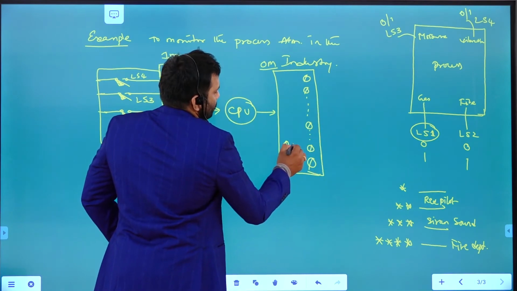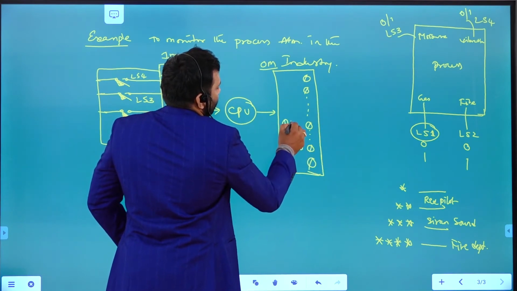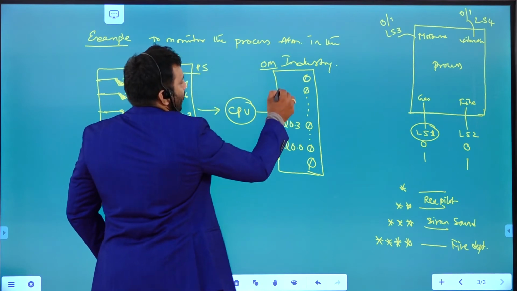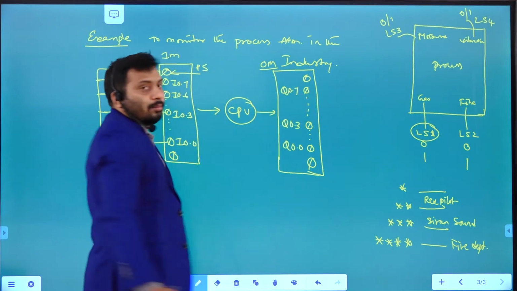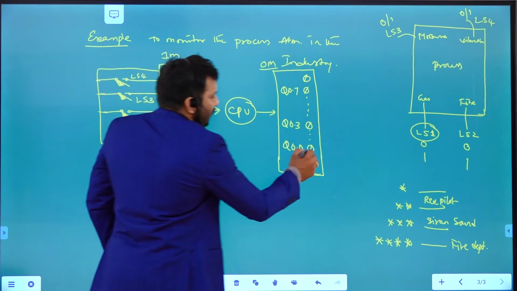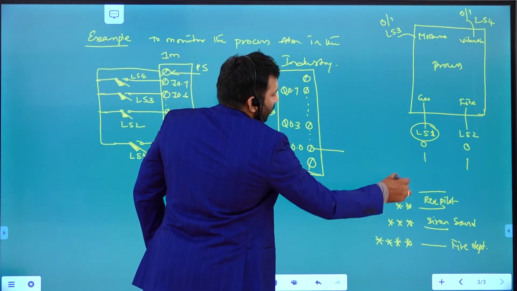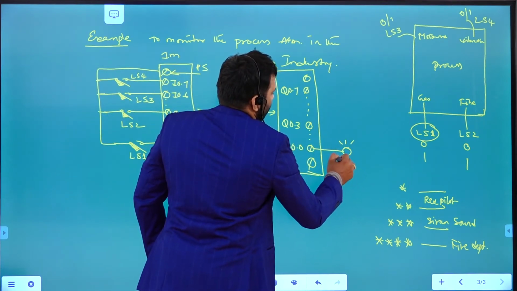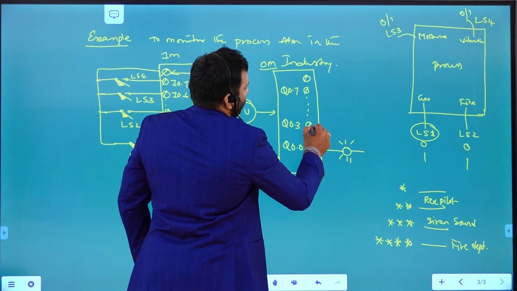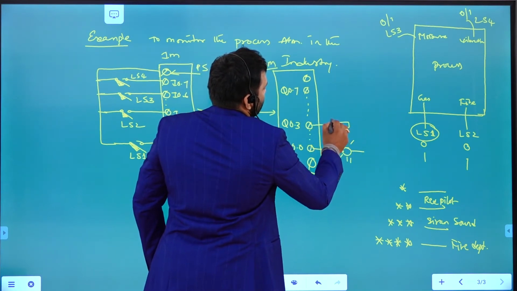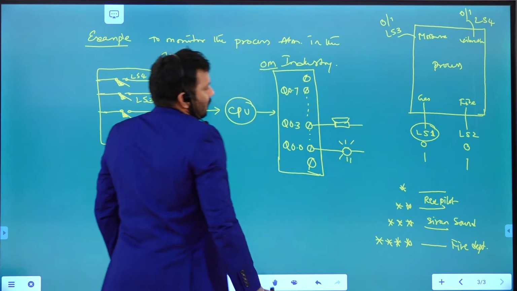First output terminal 0.0, and the fourth terminal I consider, and the eighth terminal I consider, right? For the first terminal, I connected a red light here, right? For the fourth terminal, I connected some siren, some sound device.